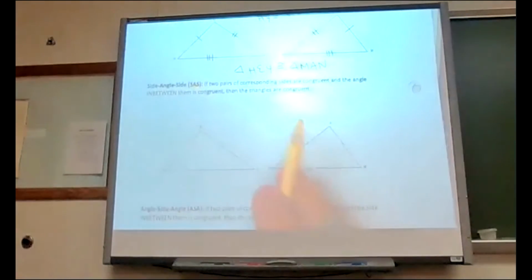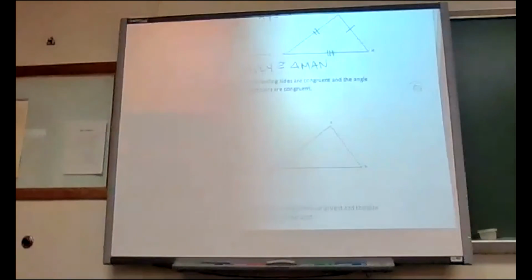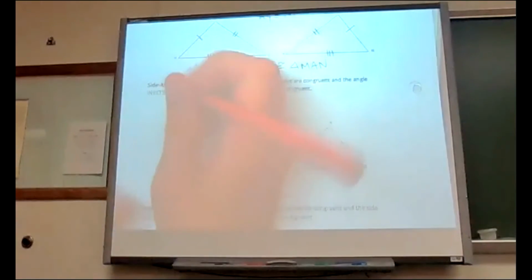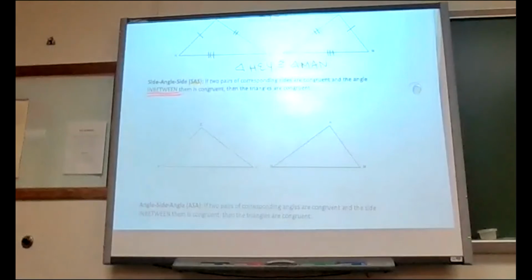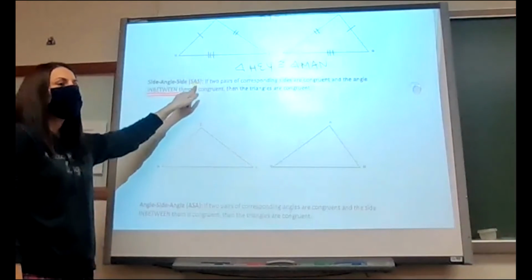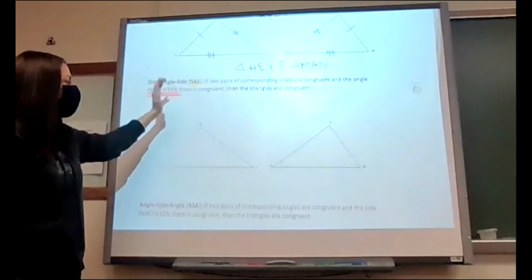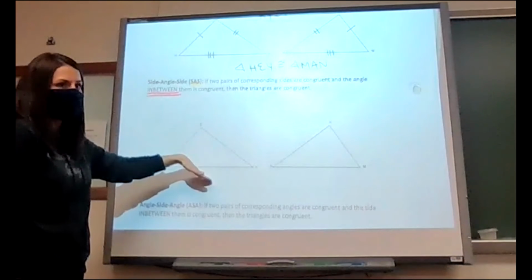Now here's the important piece with side angle side. This is super important. When I say SAS, just like my congruency statement, order matters. It has to go a side, then the angle between it, and then the other side.